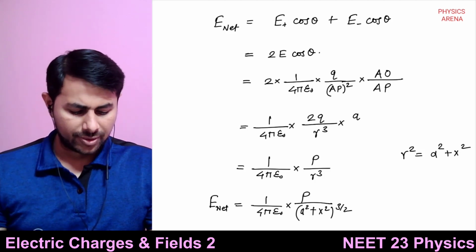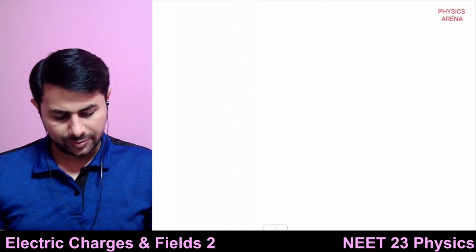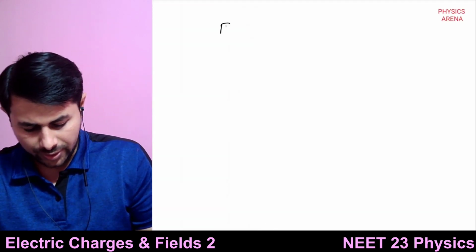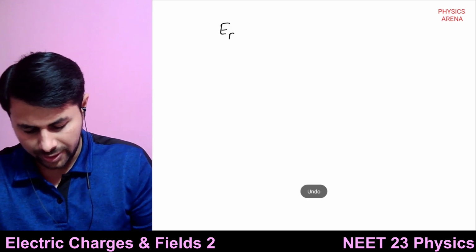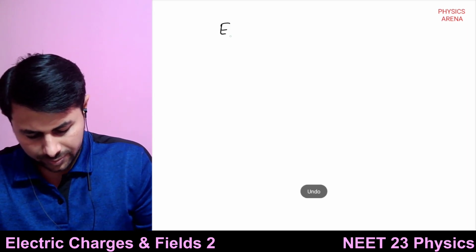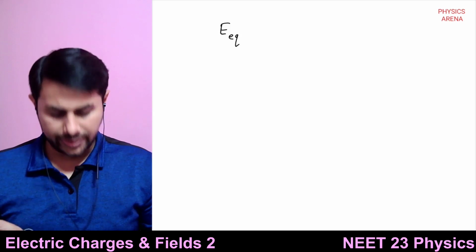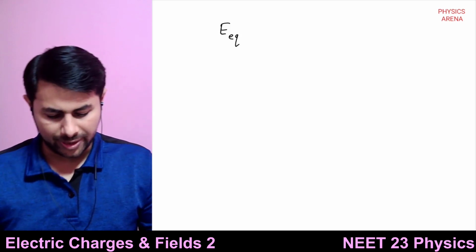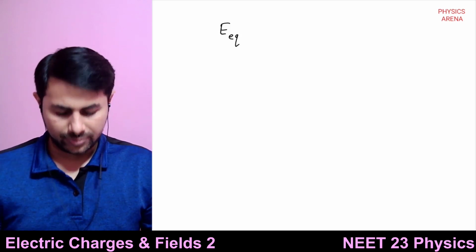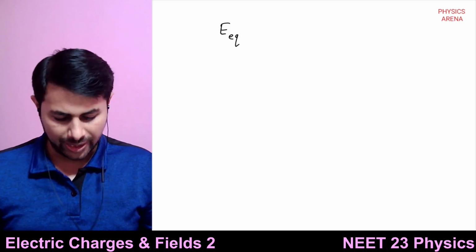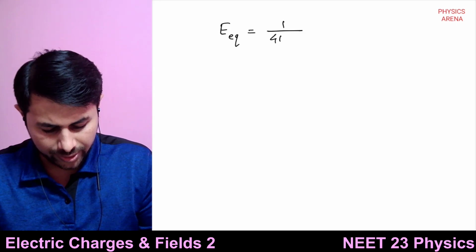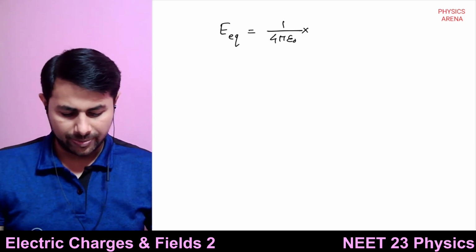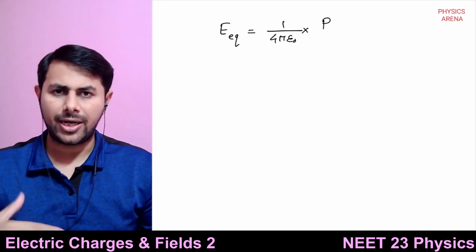Or we can call it E equatorial, EEQ, because we are finding E net on the equatorial plane. So E equatorial, the electric field on the equatorial plane of a dipole, is equal to 1 upon 4 pi epsilon naught multiplied by P divided by R cube.